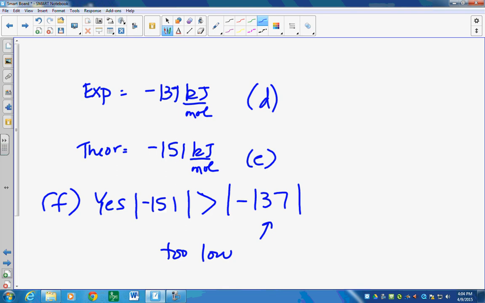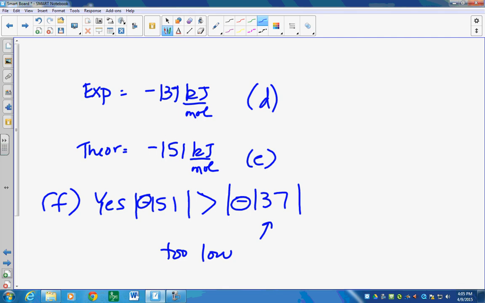When would it be too low? If you lost some heat. Okay, you lost some heat. If it was too high, you gained heat. Because the absolute value of negative 137, because remember, this is just coming from if it gets hotter or colder. Because 137 is less than 151, you lost heat.